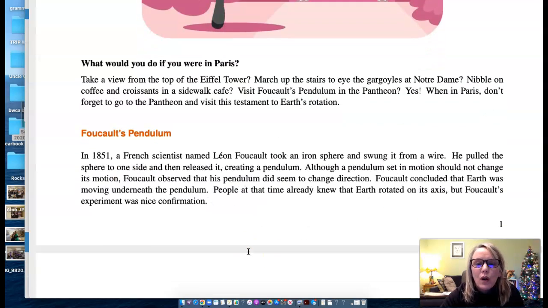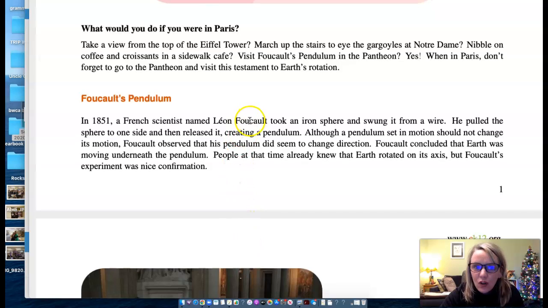Okay, well, who was Leon Foucault? In 1851, he was a French scientist, and he took a big iron sphere and he hung it from a wire. Okay, so he started this sphere swinging like a pendulum, and it appeared to move direction throughout the day.